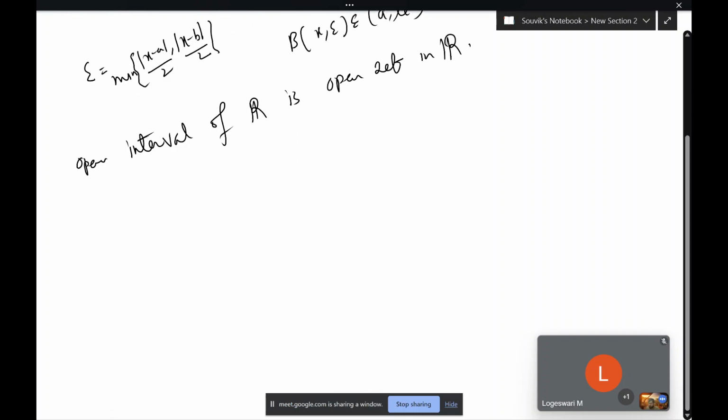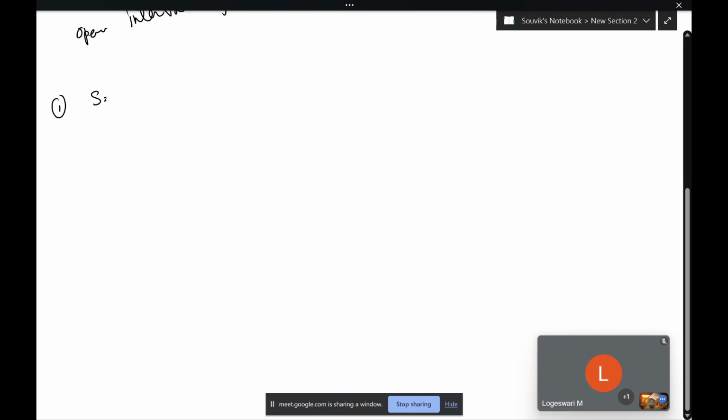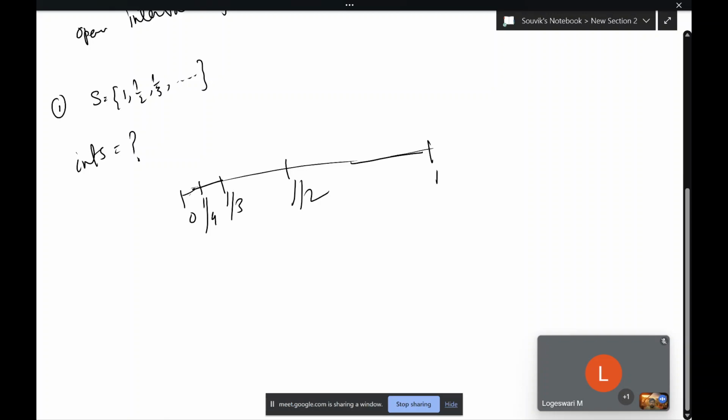Consider the following example: take S to be {1, 1/2, 1/3, ...}. We need to find int S, the collection of all interior points. Observe that this set has the points 1, 1/2, 1/3, 1/4, and so on.